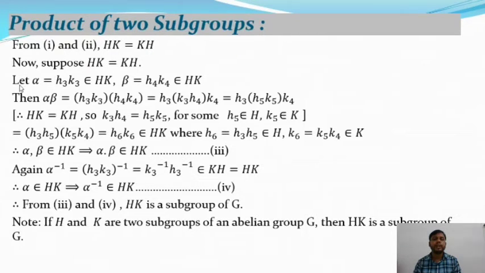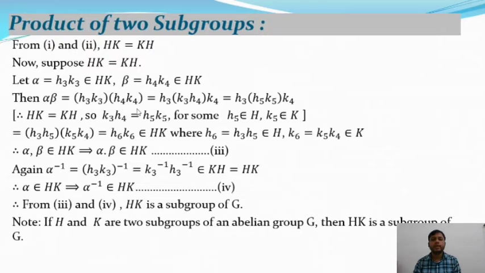Okay, so let alpha be equal to h3 k3, which belongs to HK, and beta be an element that also belongs to HK, say h4 k4, where h3, k3, h4, k4 are elements of the group HK. Therefore alpha times beta equals h3 k3 h4 k4.